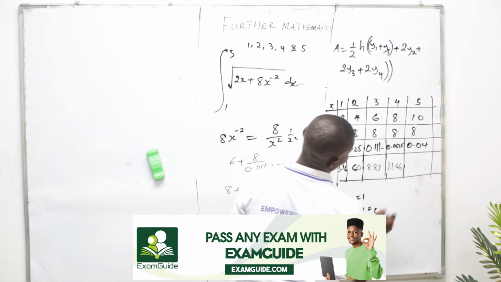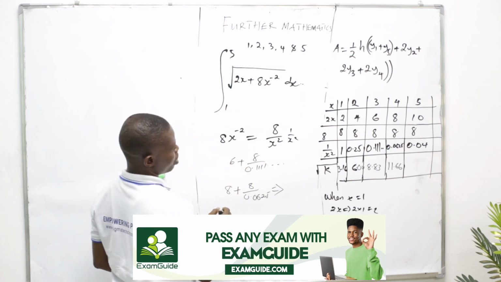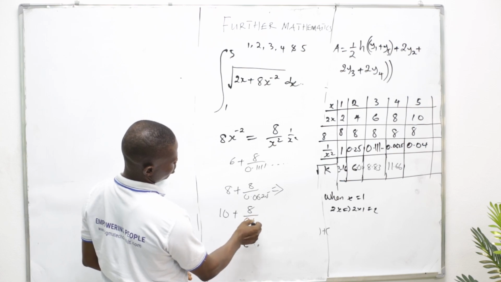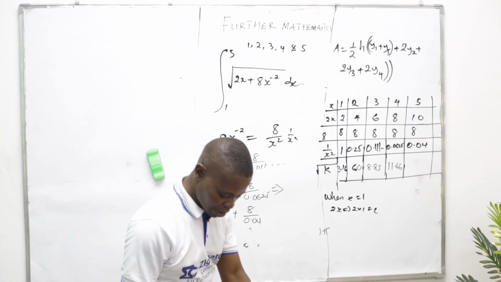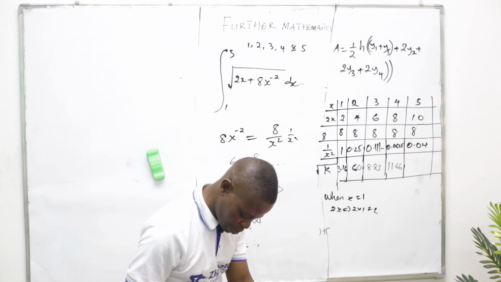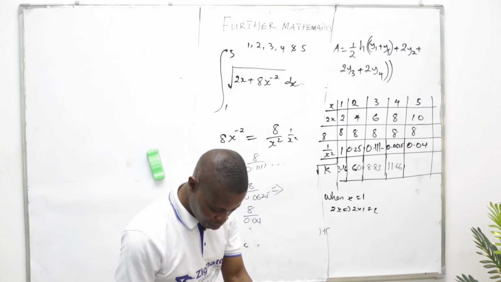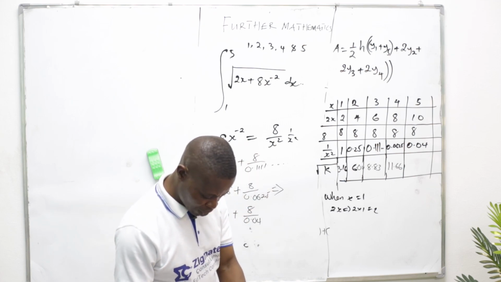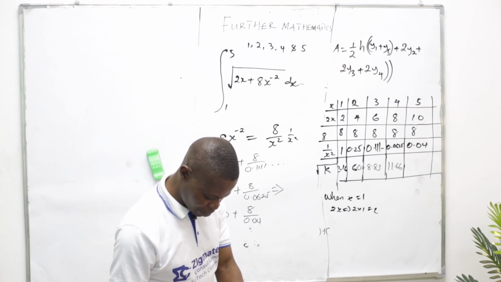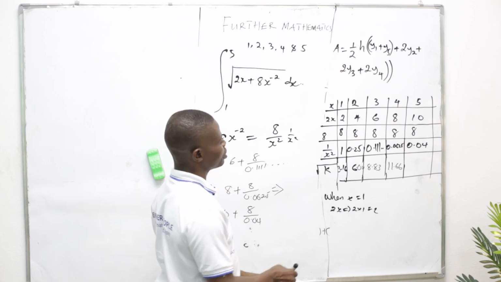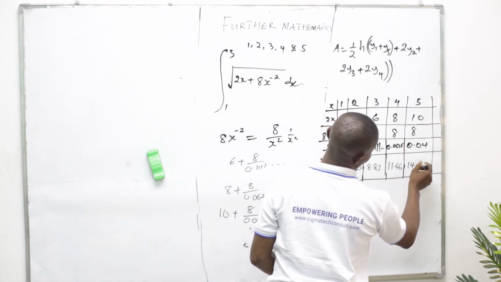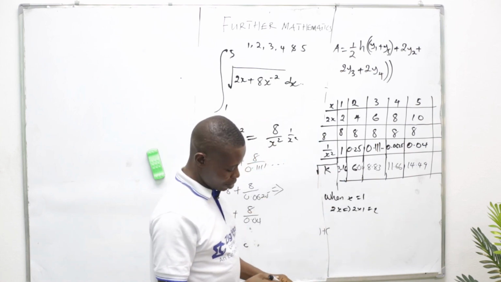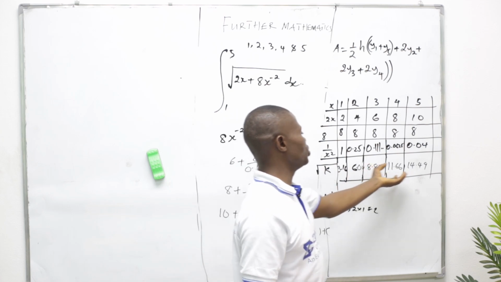The next, I will have 10 plus 8 all over 0.04. That is 8 all over 0.04 plus 10, 210. Square root of 210, 14.49. We are done with this.